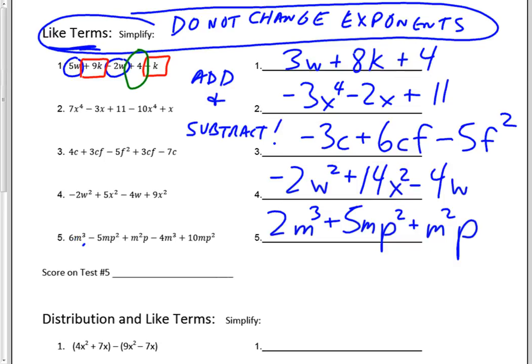Take a look. Where did you go wrong? Did you start fiddling around with the exponents? Notice, f squared, still f squared. W squared, still w squared. All I'm doing is adding and subtracting in this section. Exponents are not affected.